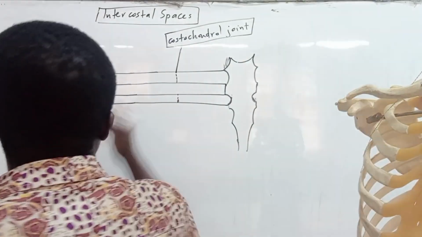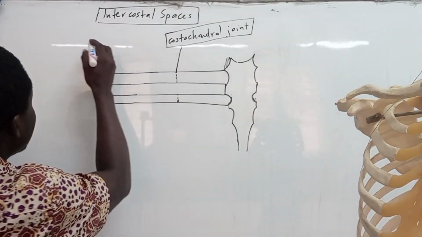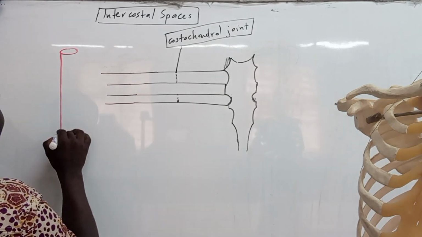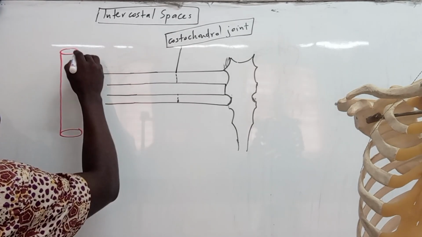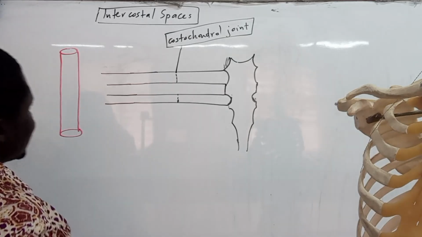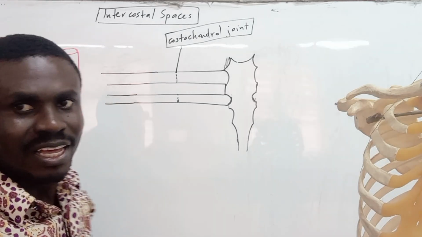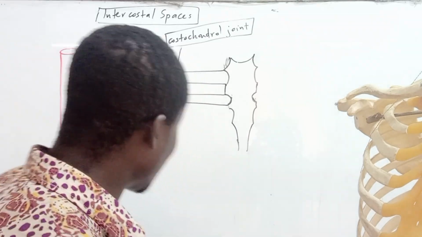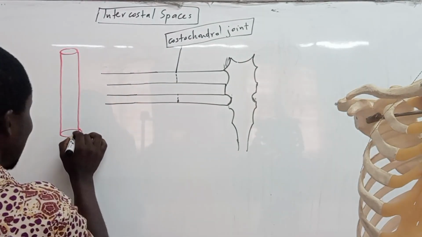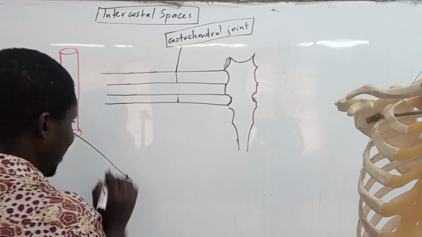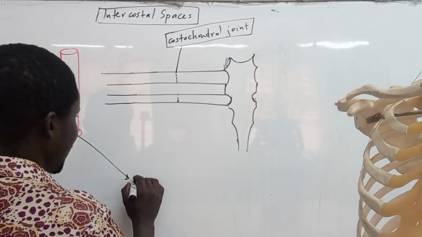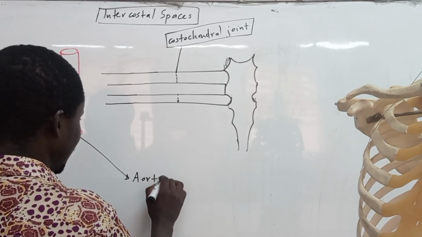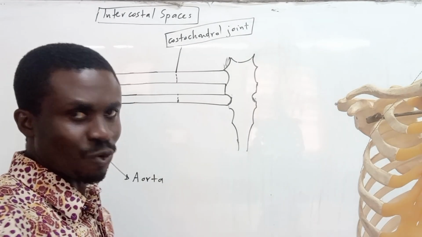So let's see. Let's say there's an artery, and mainly it's going to be the descending thoracic aorta. I want you to put that one down over here, that this artery can be that of aorta, the descending thoracic aorta.